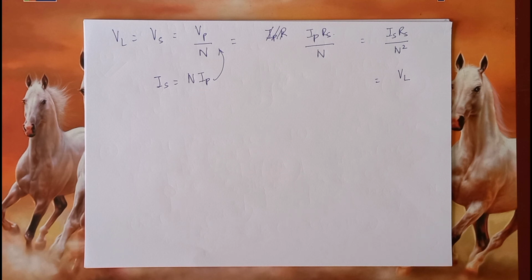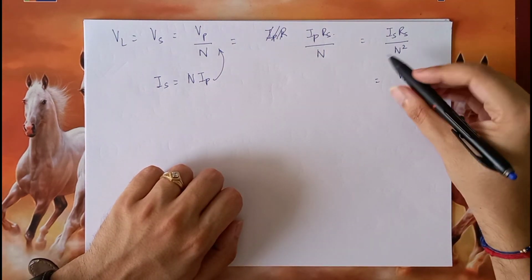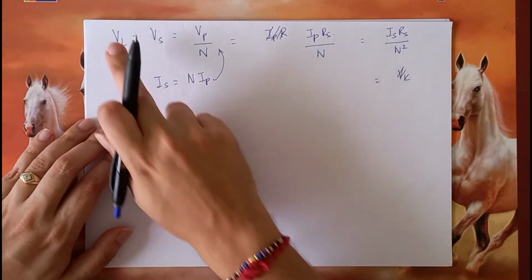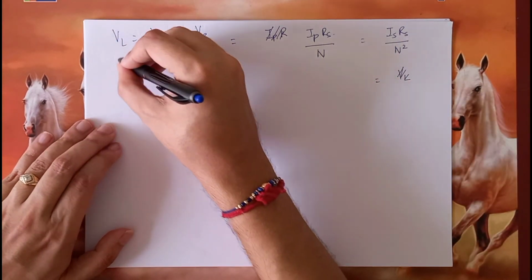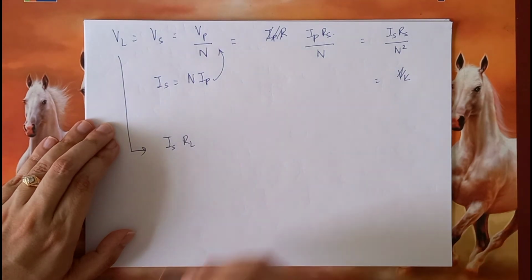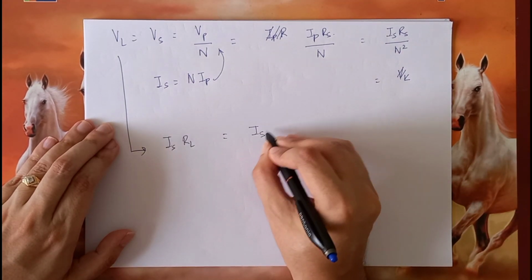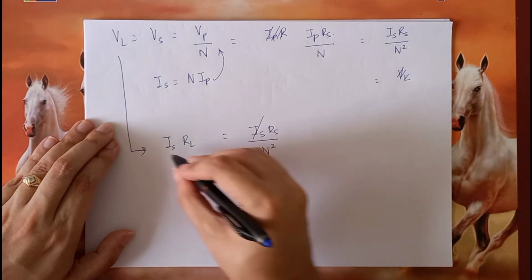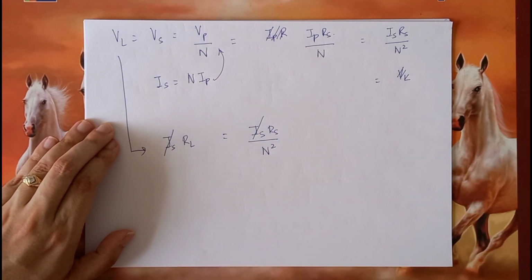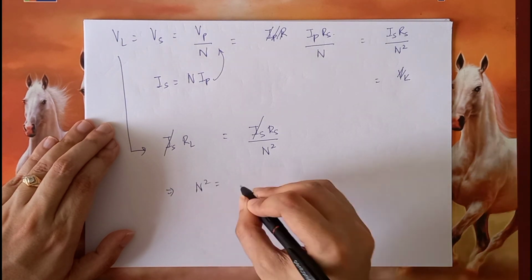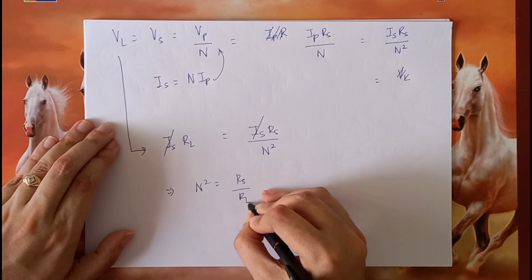Oh no, IS times RL is the load voltage. I'm making a lot of mistakes, so just be a little careful. So VL is IS times RL, and that is equal to IS RS divided by N square. So IS and IS get cancelled, and I can say that N square is equal to RS by RL.